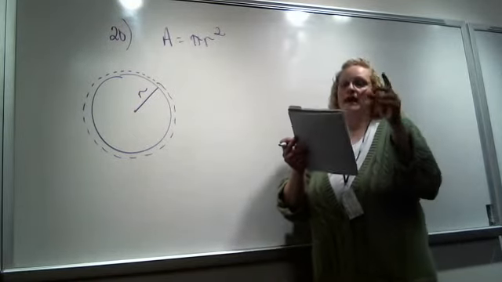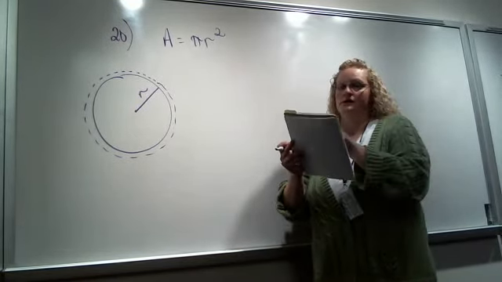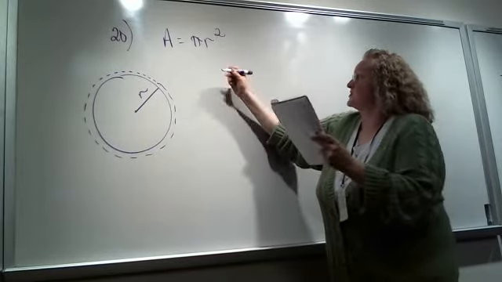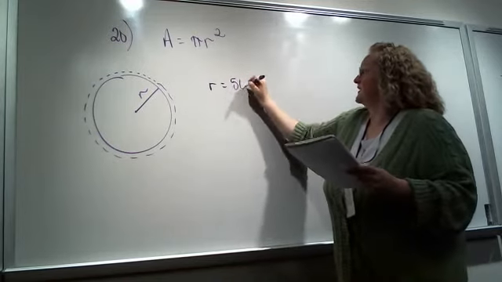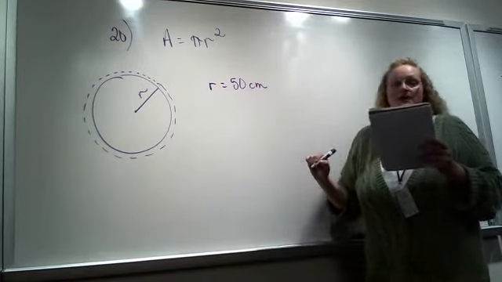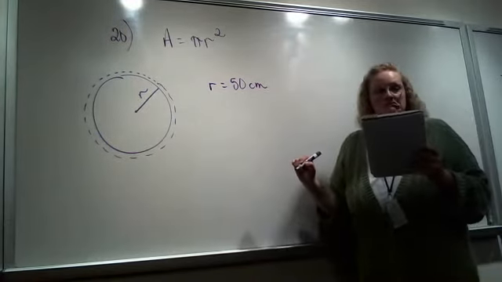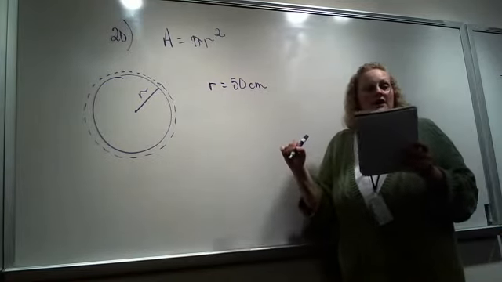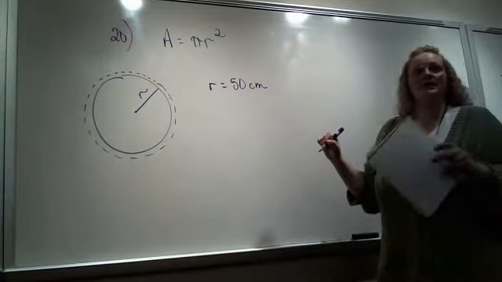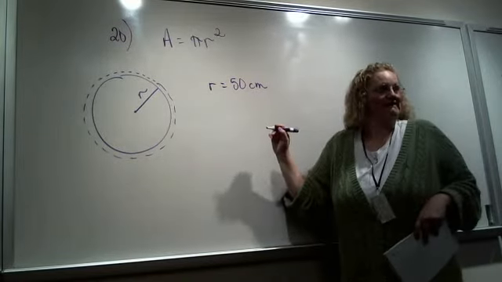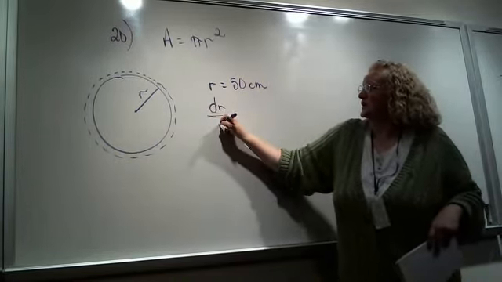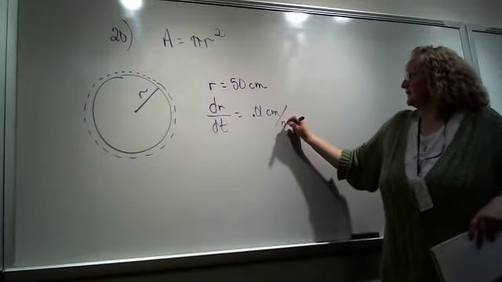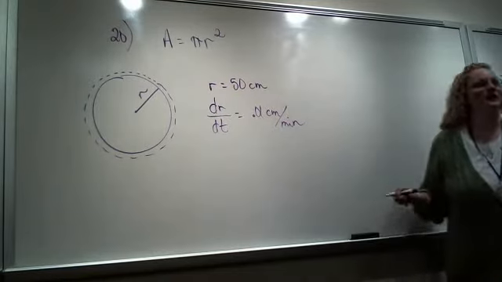They tell us that the radius is 50 centimeters, so we will have r is 50 centimeters. What else do we have? The rate of change. They tell us that it's increasing at a rate of 0.01 centimeters per minute. What exactly does that represent? That's your dr/dt is 0.01 centimeters per minute.